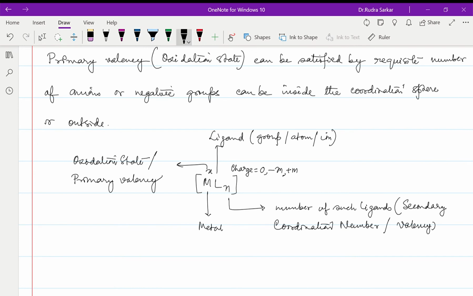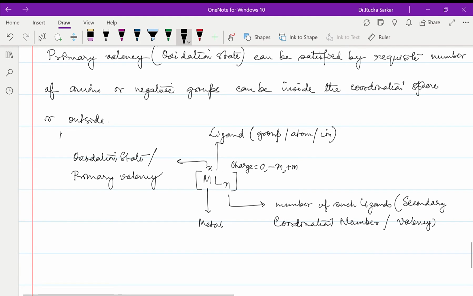So whatever you have studied in the lecture so far, I have summarized in this one little space over here. This is exactly what Werner said. We have a metal ion, which can be surrounded by atoms or groups called ligands, where N is the number of such ligands. X is the charge or oxidation state of the metal ion, also called the primary valency.